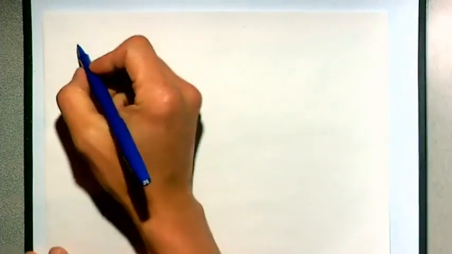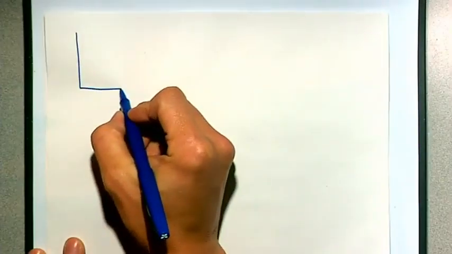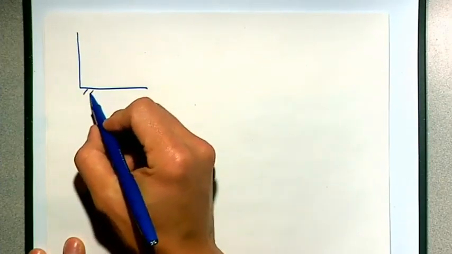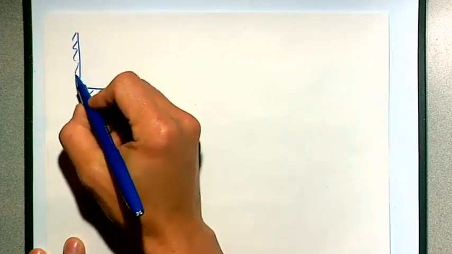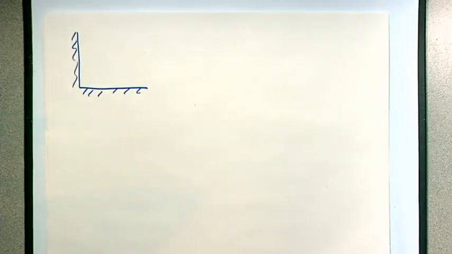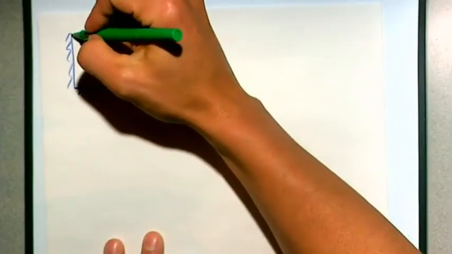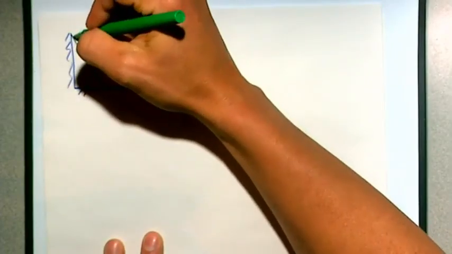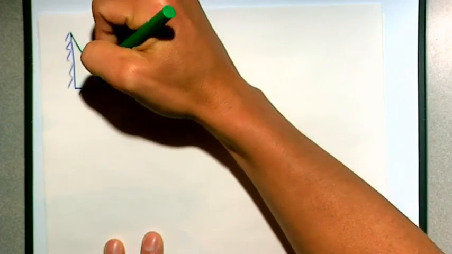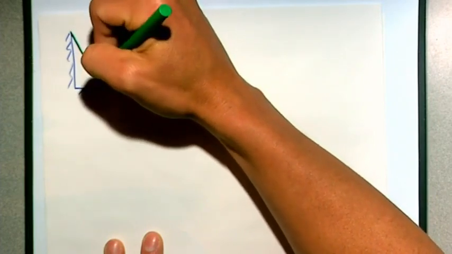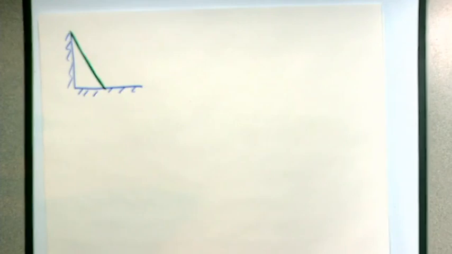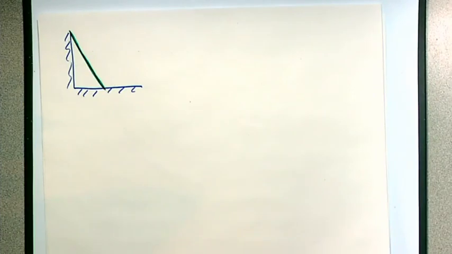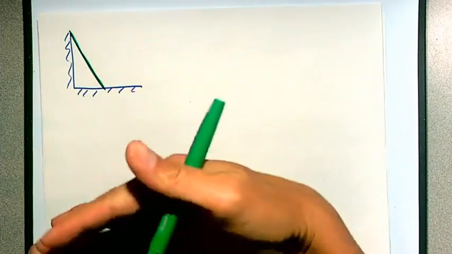So maybe an example, if I've got a ladder leaning up against a wall, and it starts sliding down, and we want to figure out the kinetic energy at some location as it's falling down.